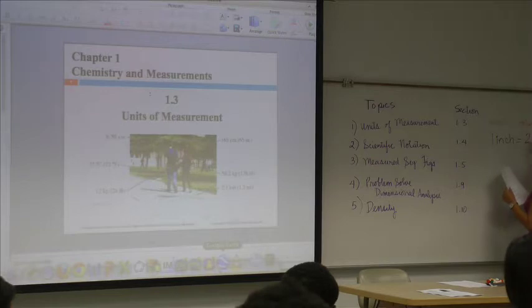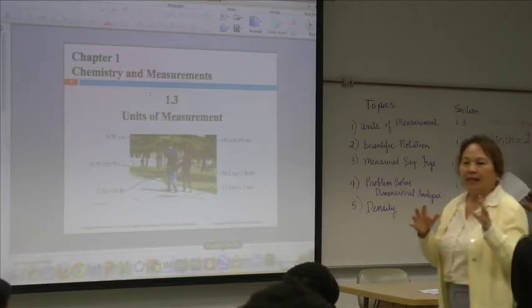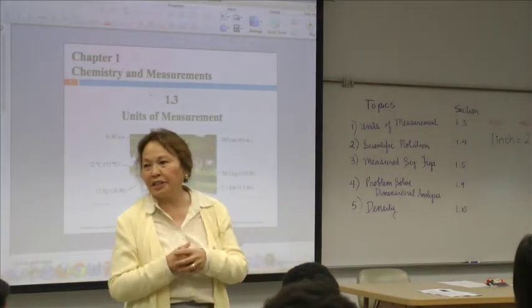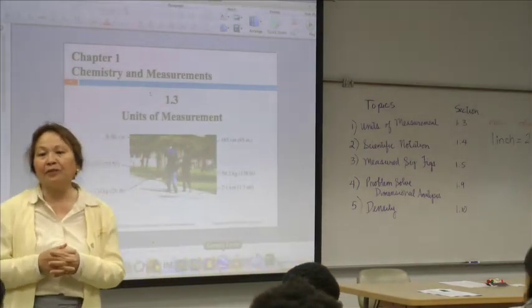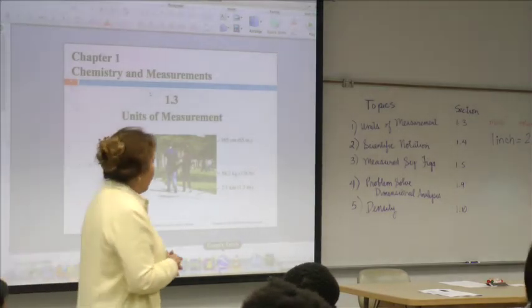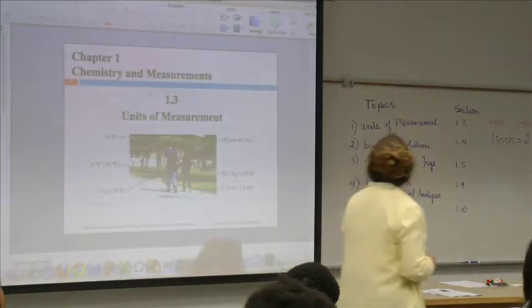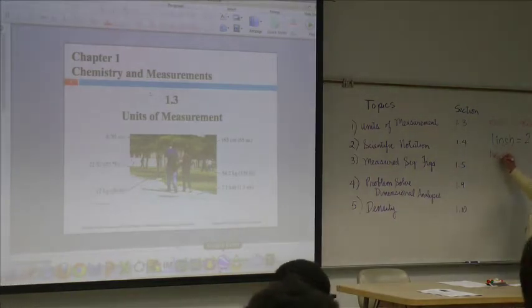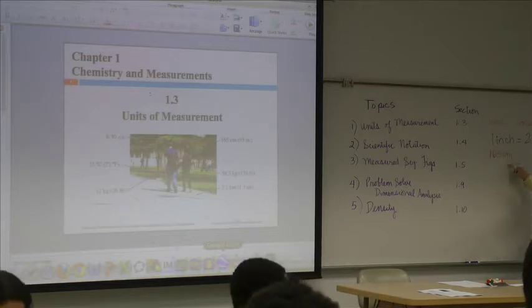This is very important. When I used to teach at Miami-Dade, they told us that all the students in nursing should really memorize 1 inch is equal to 2.54 centimeters. So how can we show that 165 centimeters?